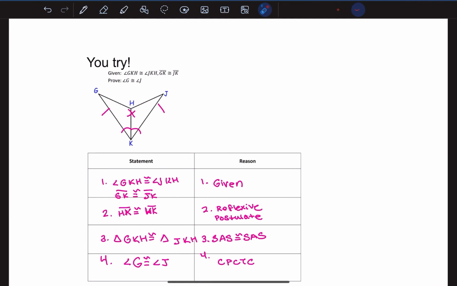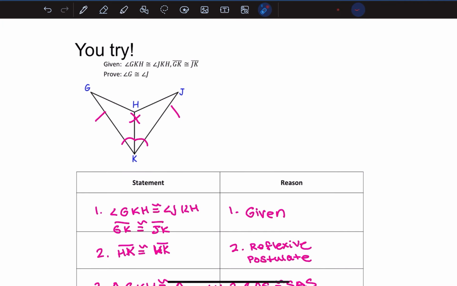So some more tries. So given that angle GKH is congruent to angle JKH, I have it marked down here, so I have a pair of congruent angles. I know that GK is congruent to JK. And I see that there's a shared side, so I have side, angle, side. But again, I look at my proof statement, I'm looking for angle.